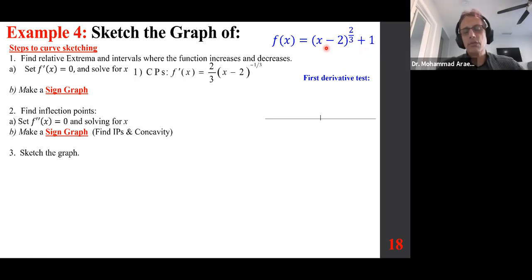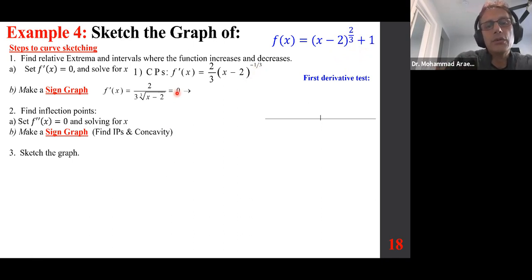And we can rewrite this by taking this down, making it positive 1/3 or the cube root. Now, f prime is 0.